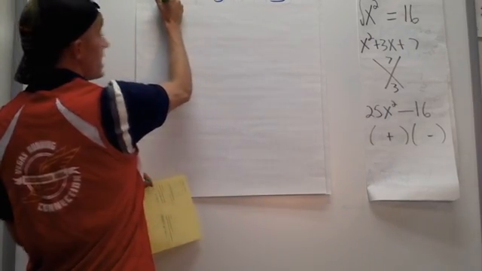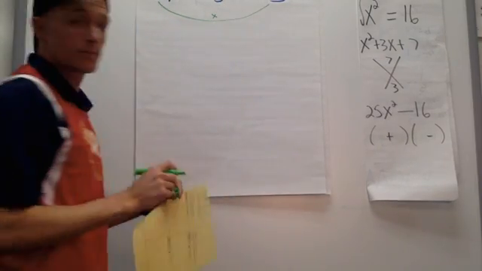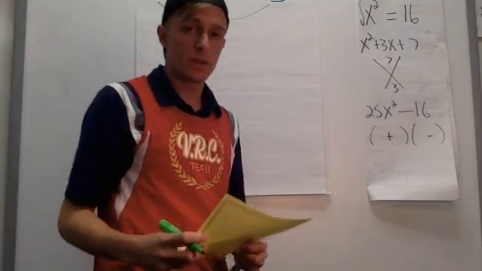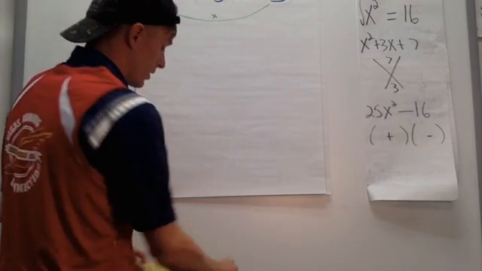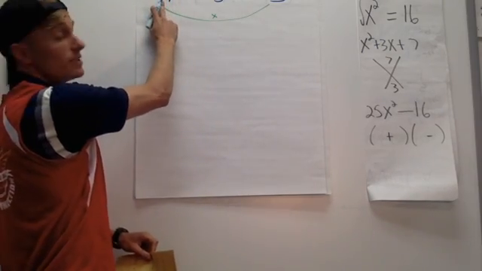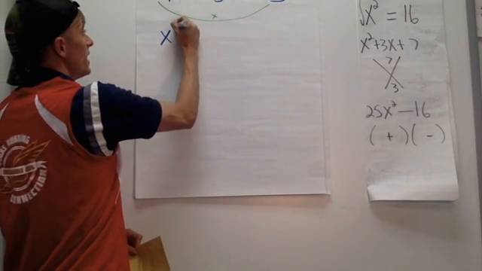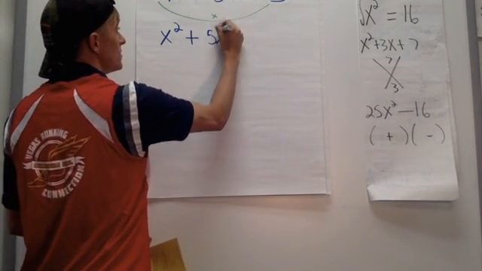So we're going to multiply 2 times 3. And what we do is we rewrite our polynomial. We are going to drop the first coefficient, so we drop the 2 and rewrite it as x squared plus 5x.